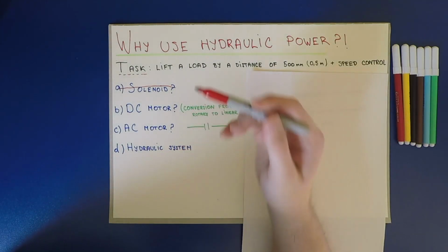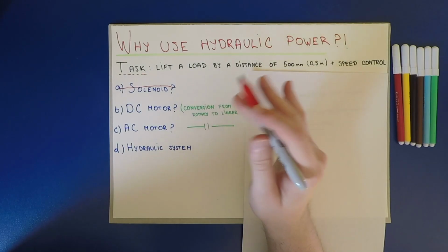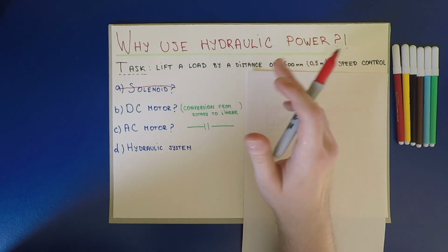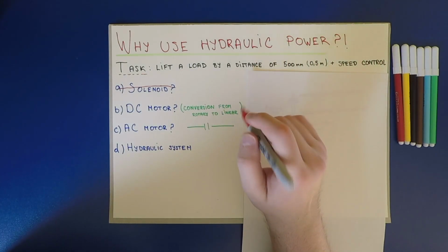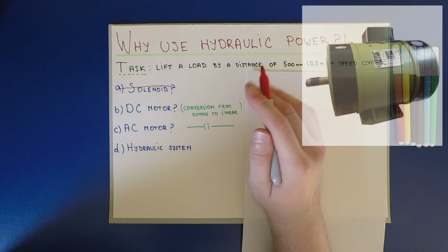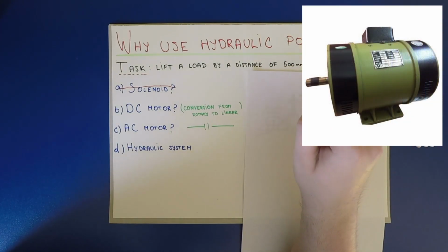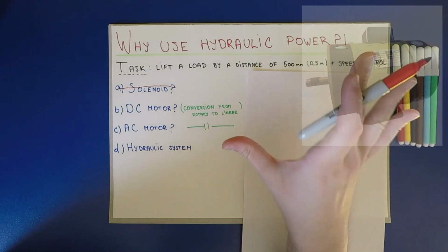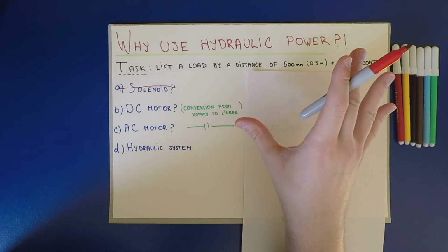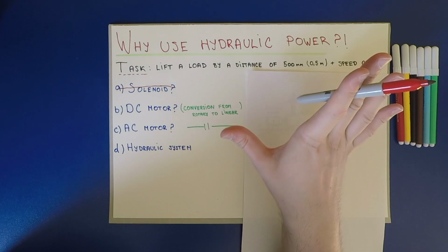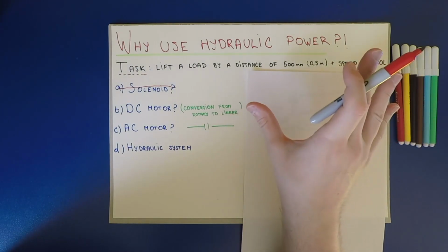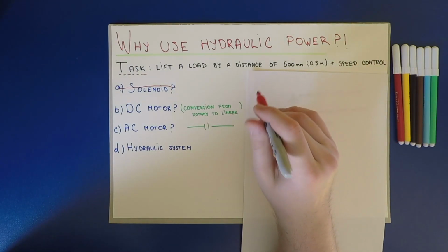In B, we have a DC motor, direct current motor. DC motors are good in terms of speed control. You can make a DC motor run at whatever RPM you want; you just have to tweak some things around it.